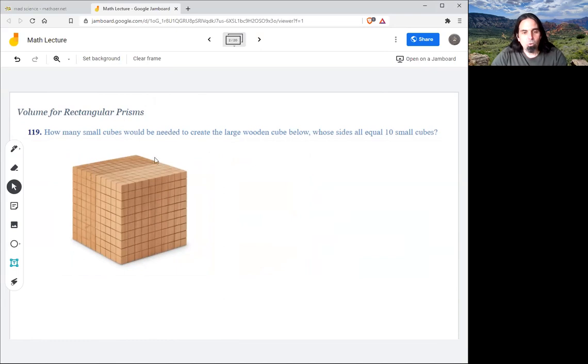So prisms where all the sides are rectangles, including squares, because square is just a special case of a rectangle, as a skyscraper with multiple stories. So I can say that there is a flat base that's going to be 10 by 10. And maybe my artwork will be good enough to pull this off. Let's see. So there's the 2 edges we can see.